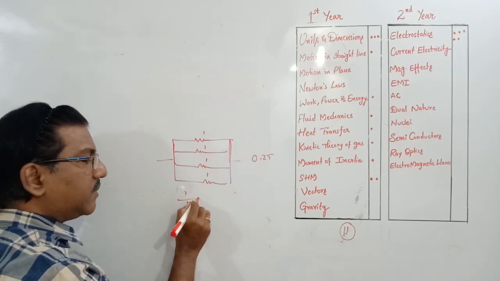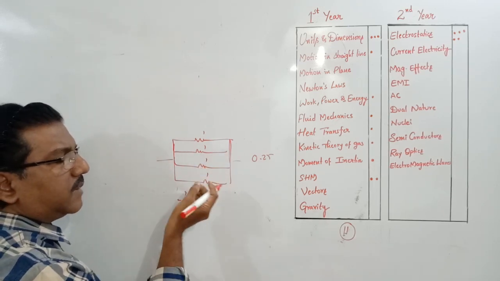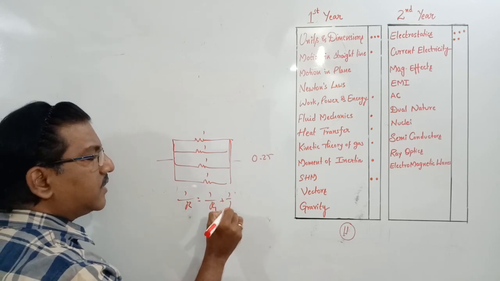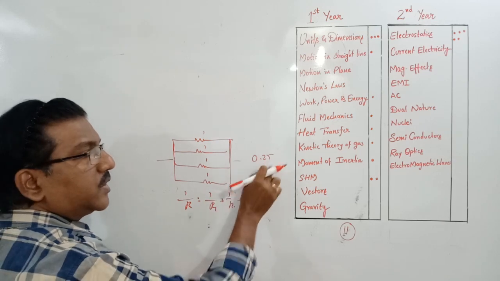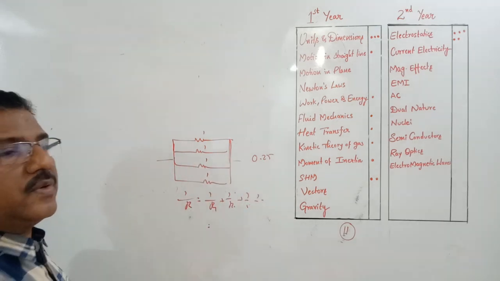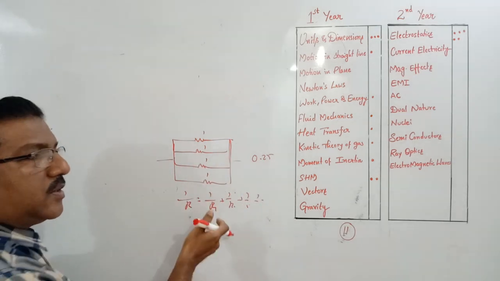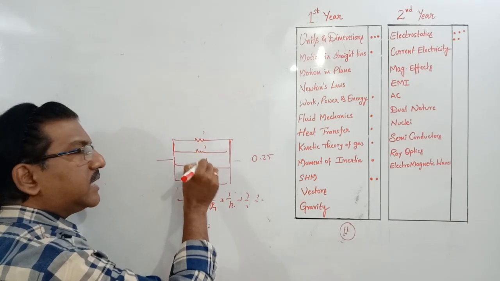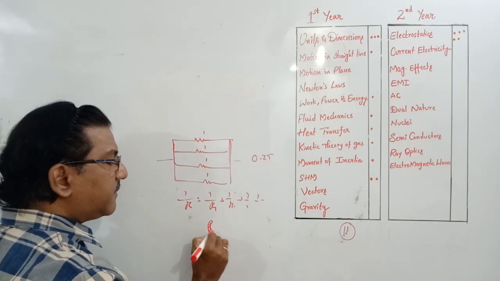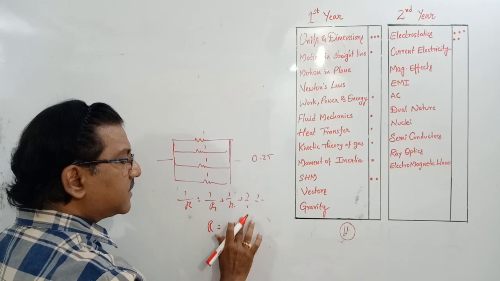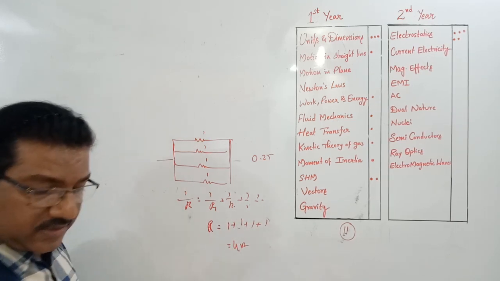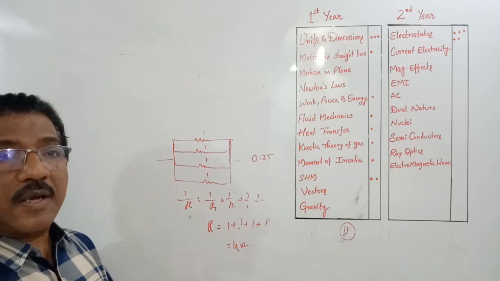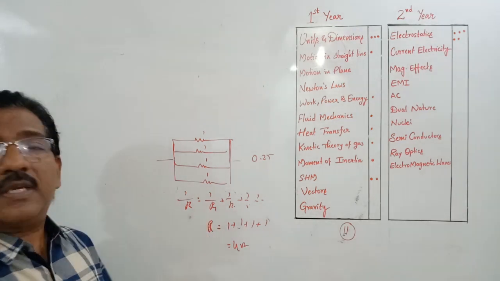Just we can say 1 by R, just a small mathematical application is enough. 1 by R1 plus 1 by R2 plus 1 by R3 plus 1 by R4. 0.25 comes means 1 by 4. Then only 0.25 comes. So each and every resistance is 1 ohm. Then if they are connected in series, 1 plus 1 plus 1 plus 1, because we are appearing for a nationwide examination where lakhs of students are competing, a minimum knowledge is needed.